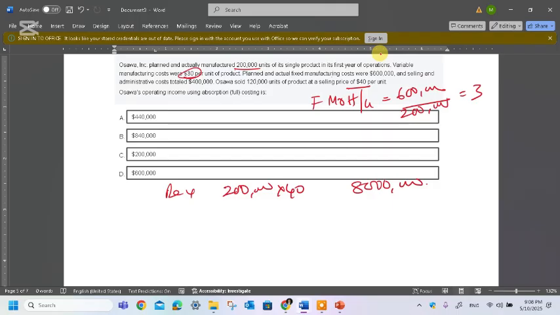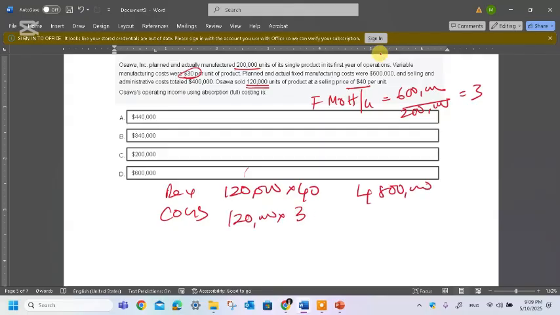Planned and actually manufactured, yes, 3. So cost of goods sold must be... no, they have not sold 200,000 units. They have sold only 120,000 units, right? So your revenue is going to be different. 120,000 units, selling price 40, 4.8 million. Cost of goods sold: 120 multiplied by 33.